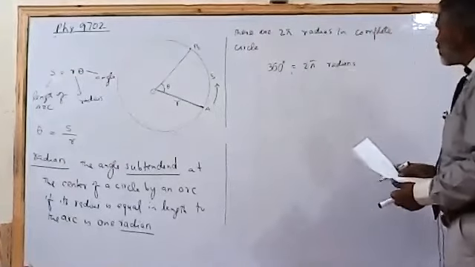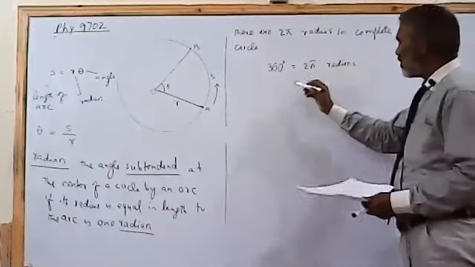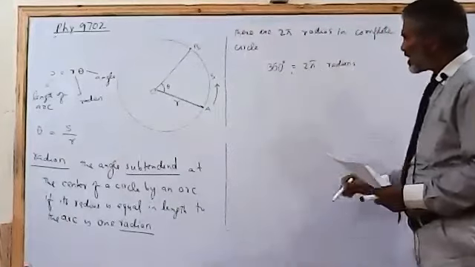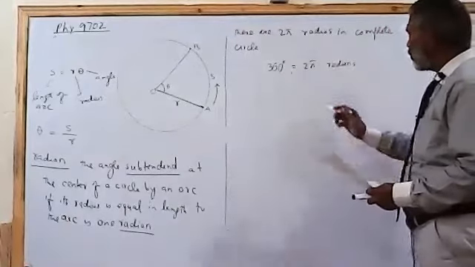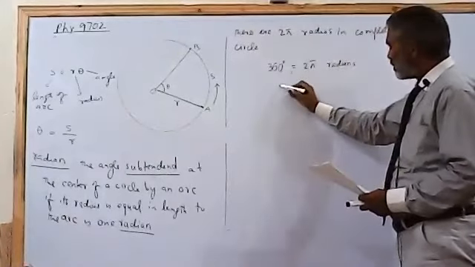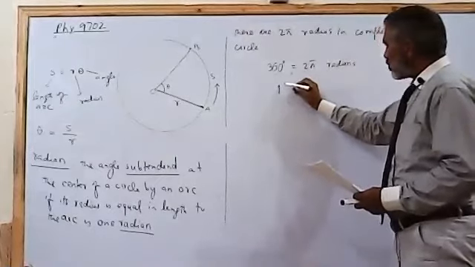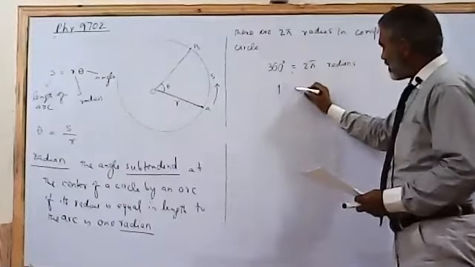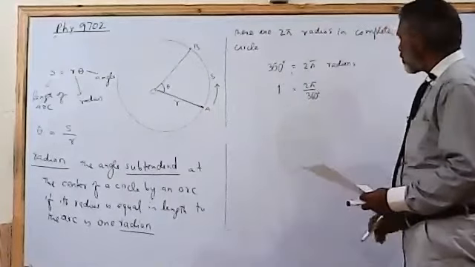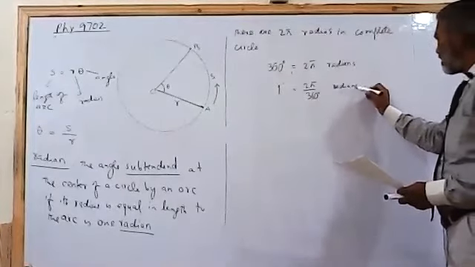So if you need to convert degrees into radians or radians into degrees, you need to know that 360 degrees, which means the complete circle, is equal to 2 pi radians. That means 1 degree is equal to 2 pi over 360 and so on. You can make these conversions easily.